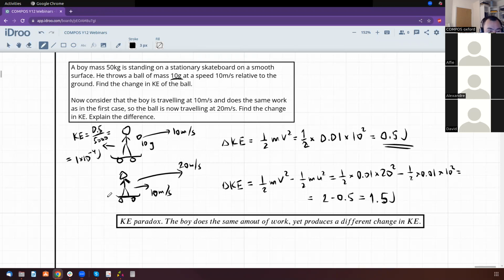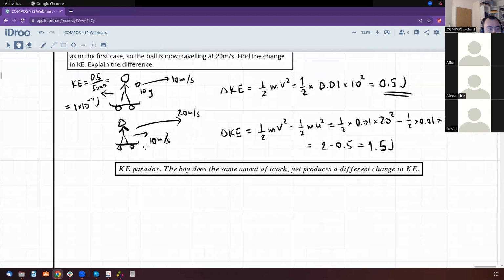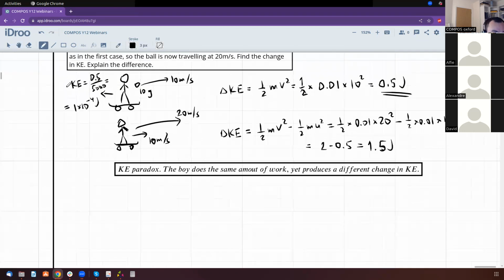Now, in the second case, the kinetic energy of the boy, so this is the change in kinetic energy of the boy. We need to find the final speed of the boy.